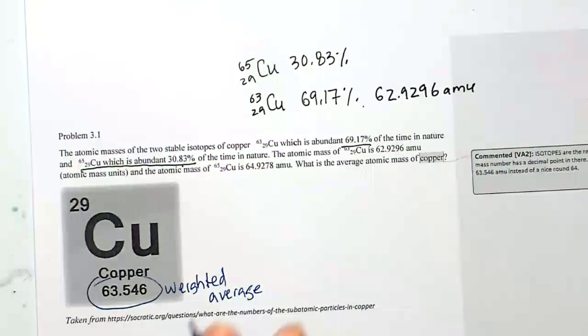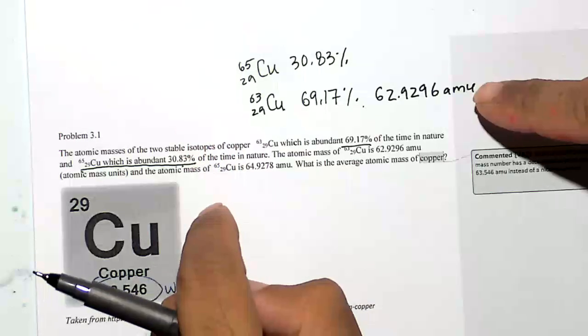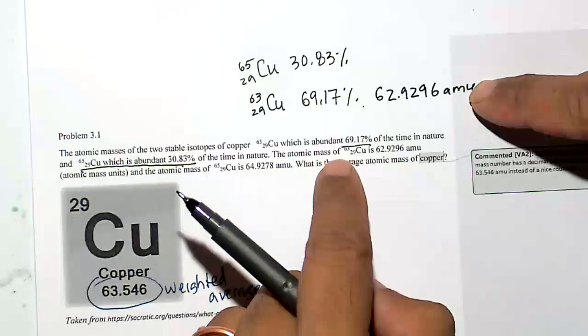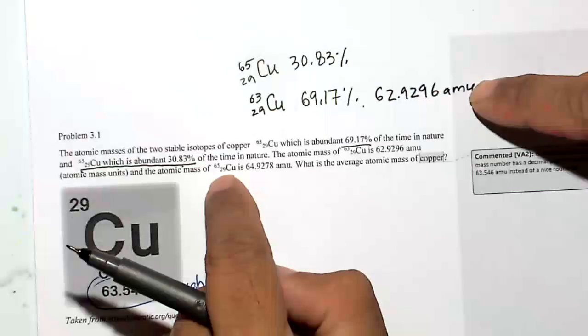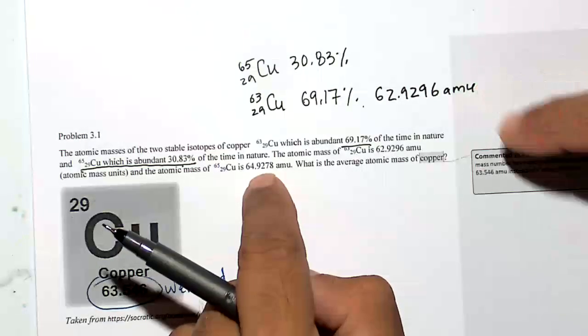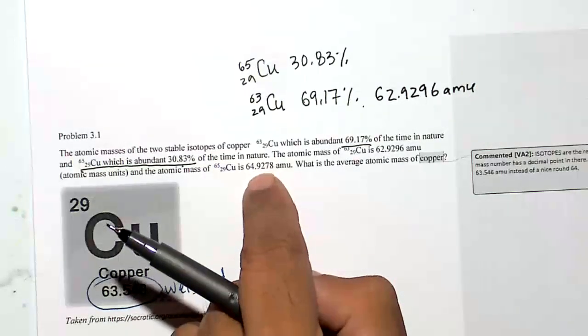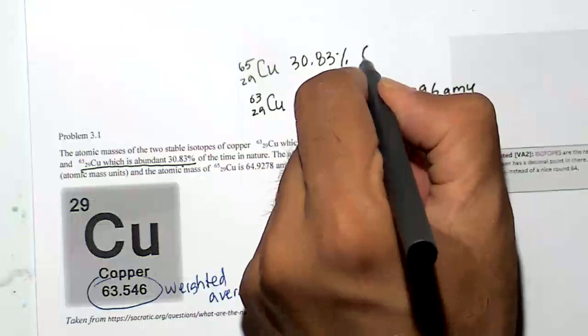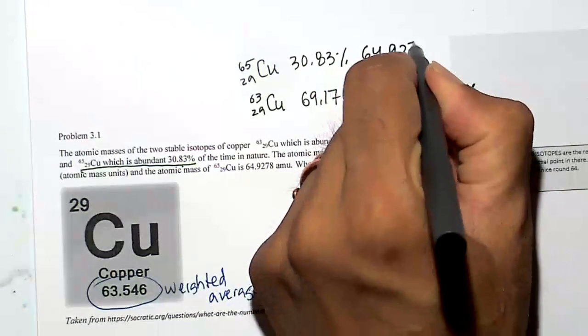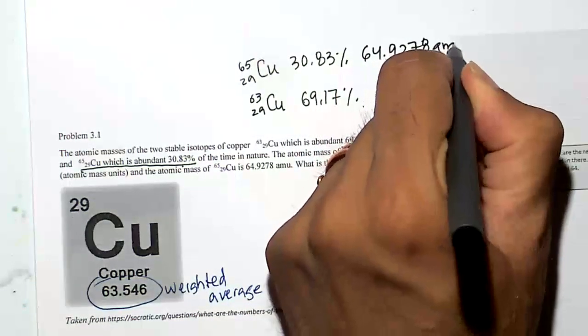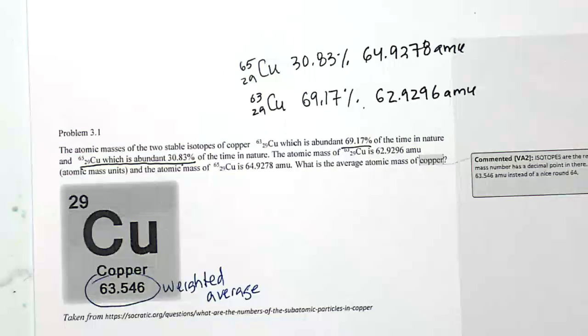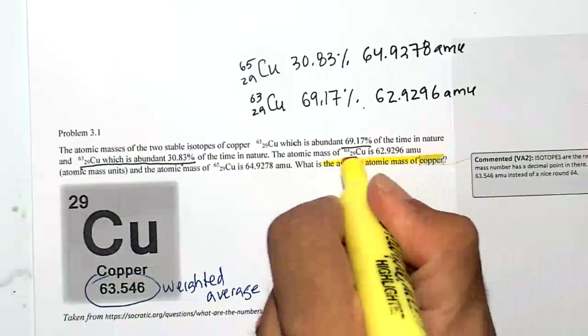This AMU stands for atomic mass units. And the copper-65 isotope weighs 64.9278 AMUs. So what is the average atomic mass of copper?